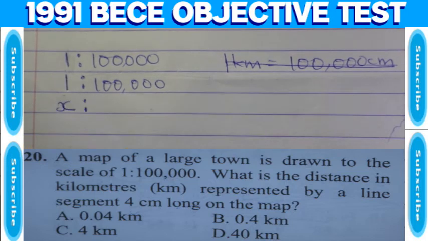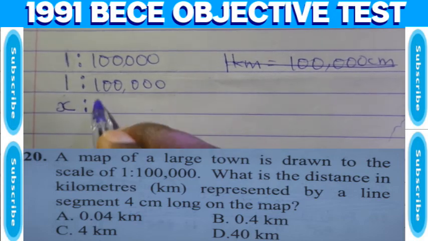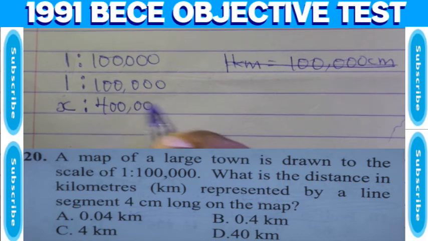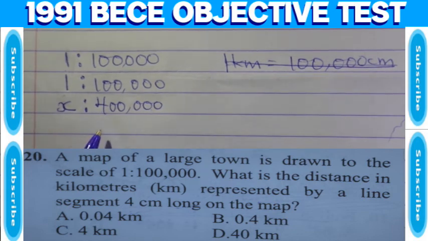The line segment was given to be 4 centimeters, and then this is the scale, so it will be 400,000 centimeters. So when this happens, we cross multiply, and then we find the value of x, which is the distance in kilometers.